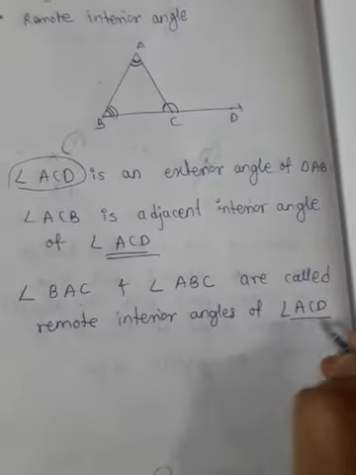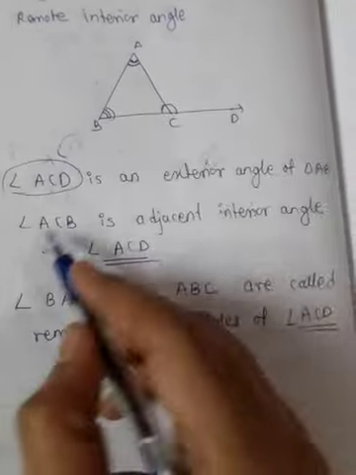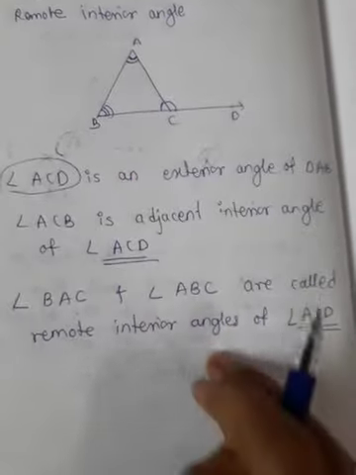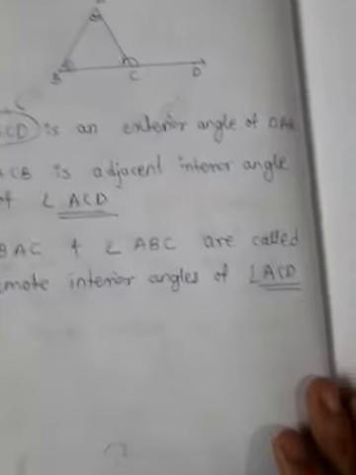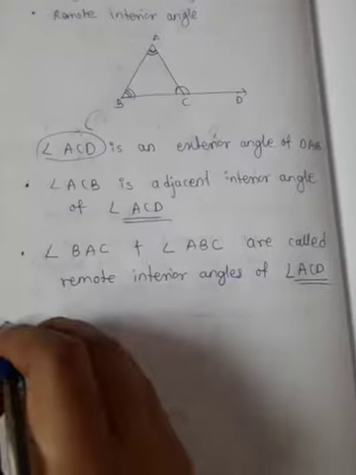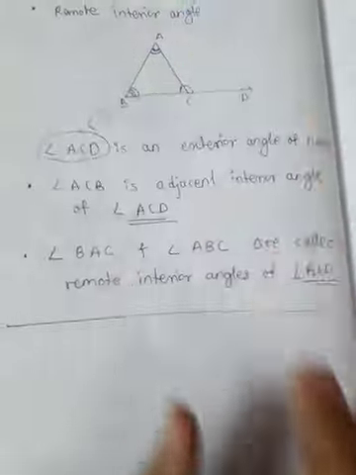So see, ACD is an exterior angle of triangle ABC, angle ACB is the adjacent interior angle, and the remaining angles are the remote interior angles of ACD. Now these are the definitions of adjacent interior and remote interior angles.